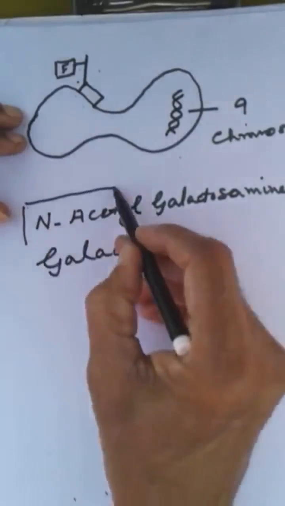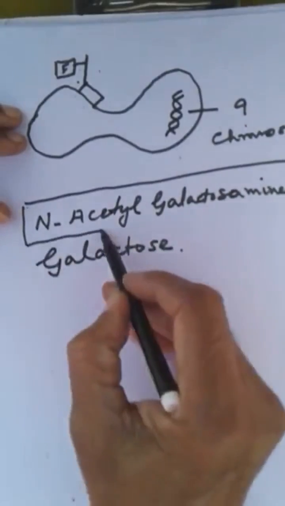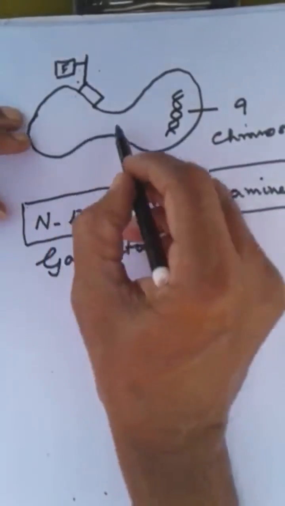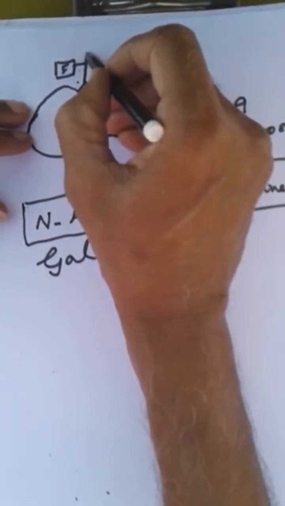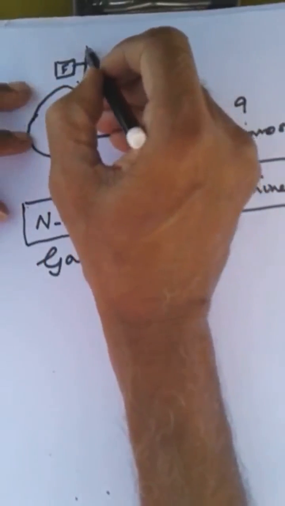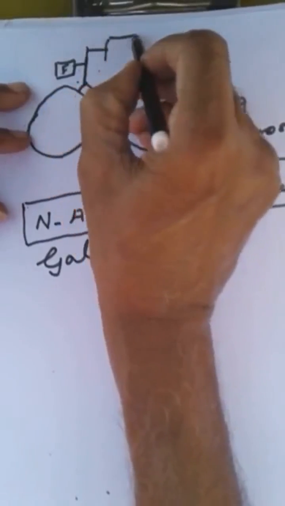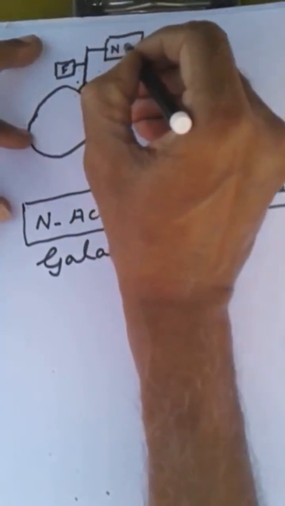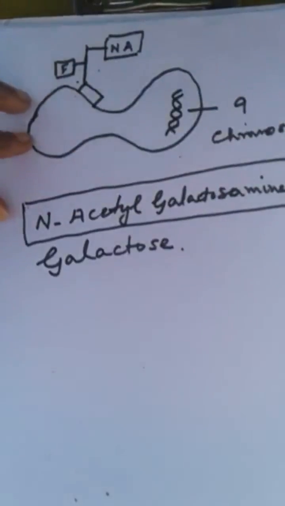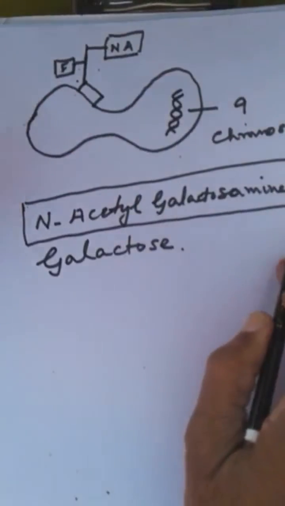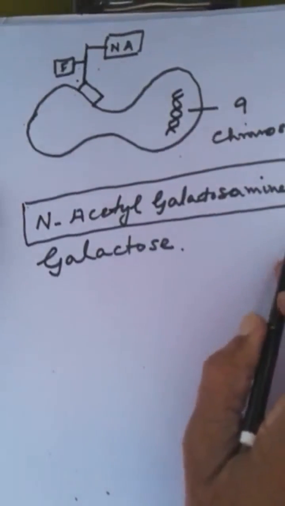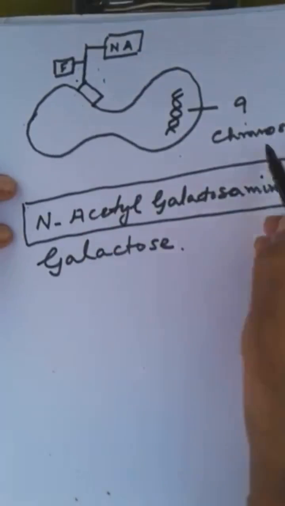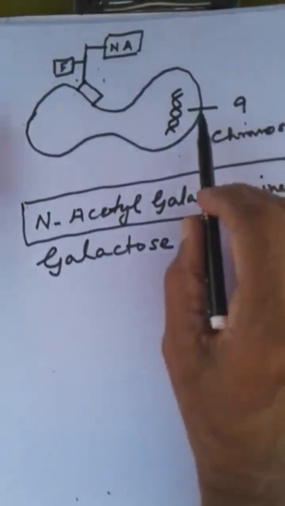N-acetyl galactosamine, from here it will come and attach to this area, but it cannot go by itself. So chromosome number 9, those genes are helping.